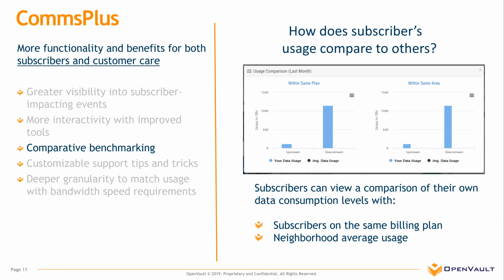If you don't have policy enforcement in place, at the very least, subscribers should be able to see, and customer care should be able to see, just how much of an impact an individual subscriber is having on a given node. Giving this kind of visibility and transparency into where they stack up versus their peers on a given node is equally important. So this is another new function that CommsPlus provides.